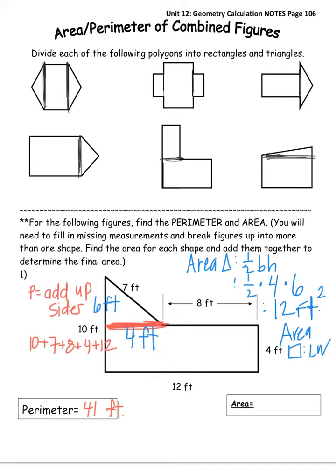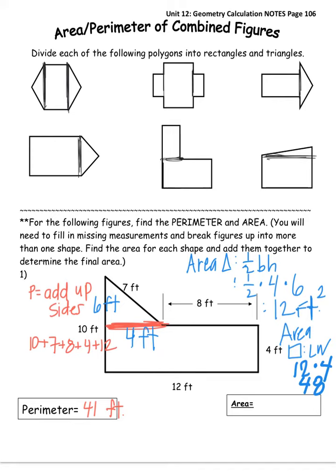Okay, so now let's look at the rectangle. So the length is 12, and the width would just be 4. So 12 times 4, which is 48 feet squared.